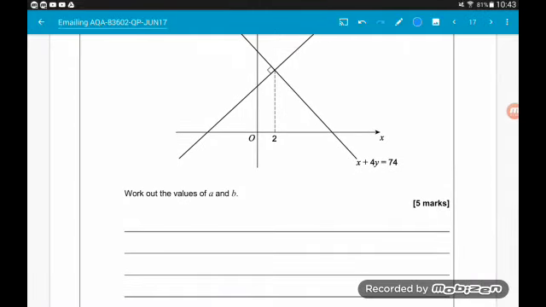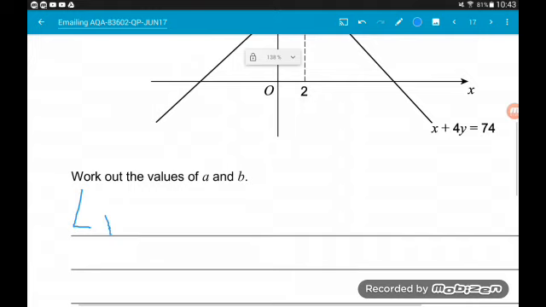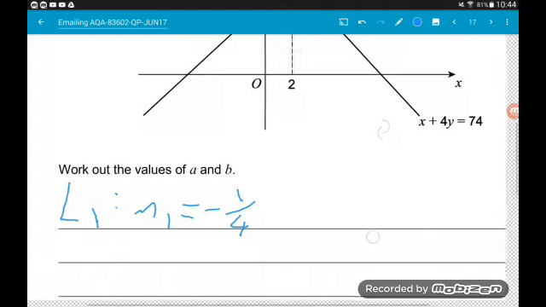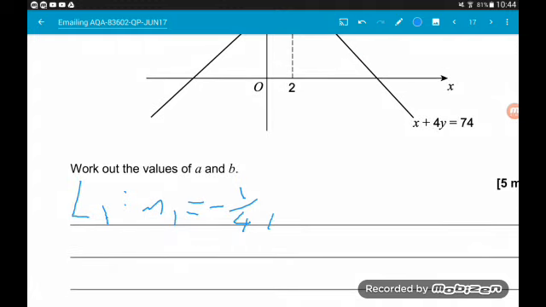So, if we say that's our line, let's call it line 1, then line 1 has a gradient m1, which is minus 1/4. So, again, as I said before, the gradients of perpendicular lines multiply together to give us minus 1. So, m1 times m2, we'll call our second line L2, that has gradient m2.